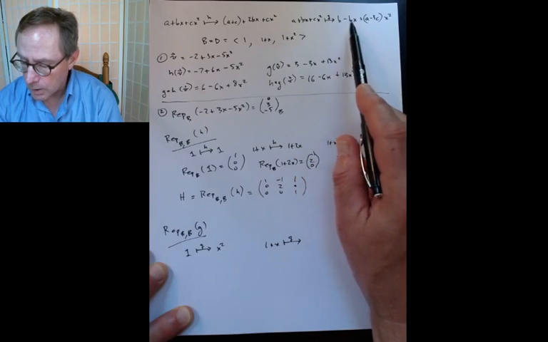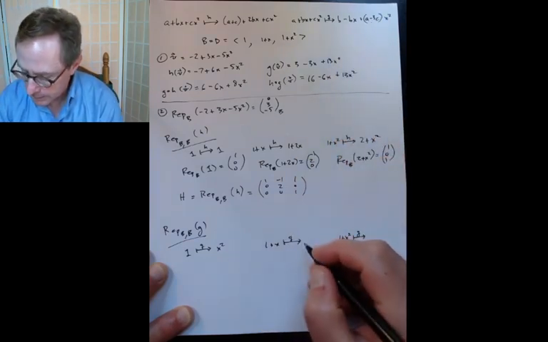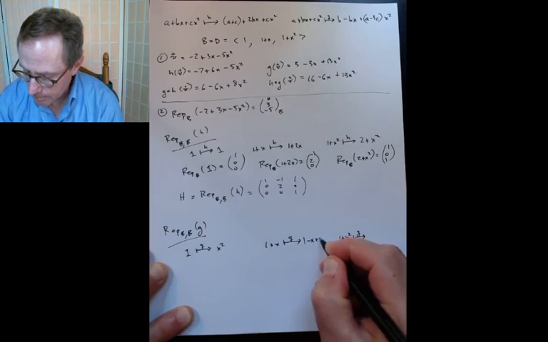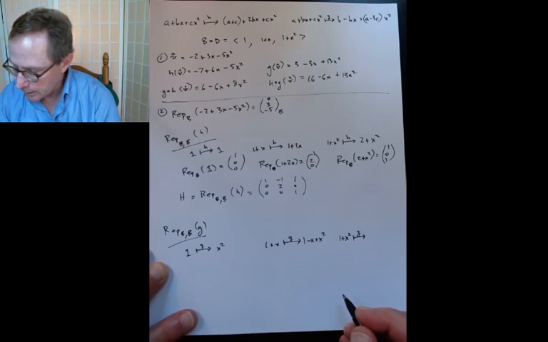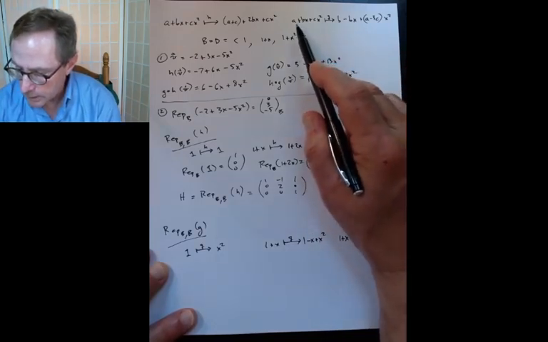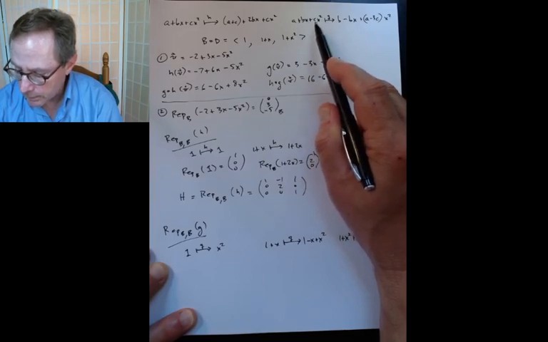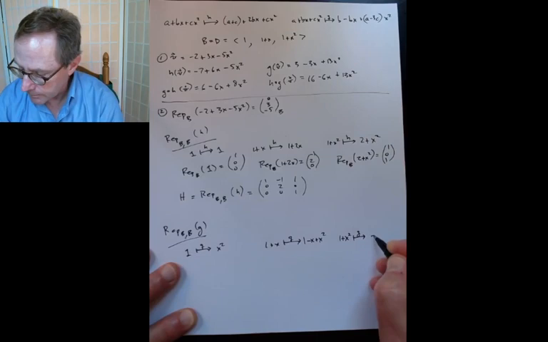So I get 1 minus 1 and 1. So I get 1 minus x plus x squared. And for 1 plus x squared, this is 1, 0, and 1. So I get minus 2x squared.